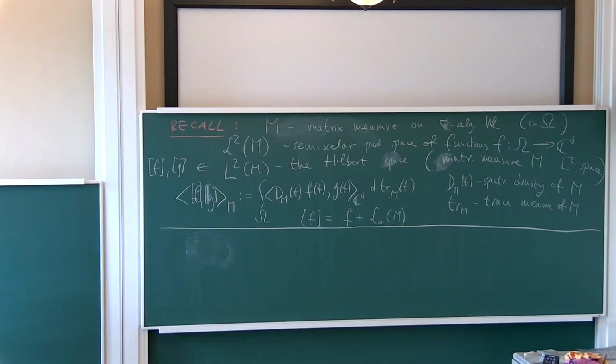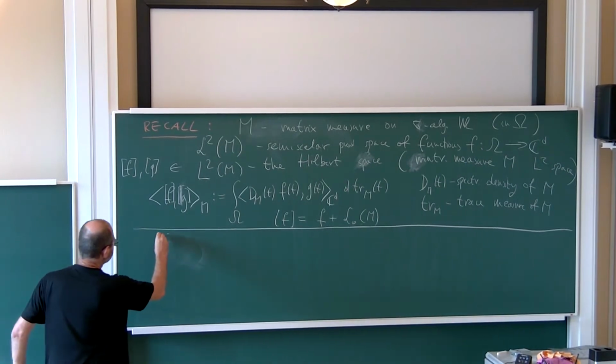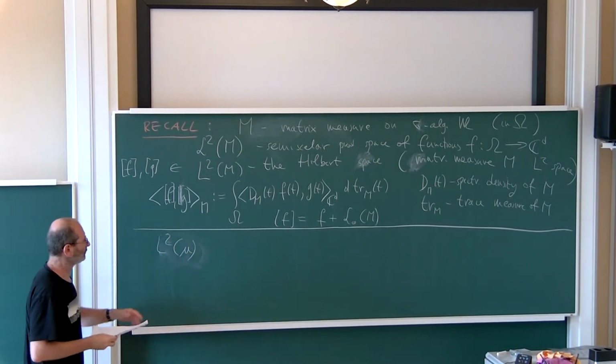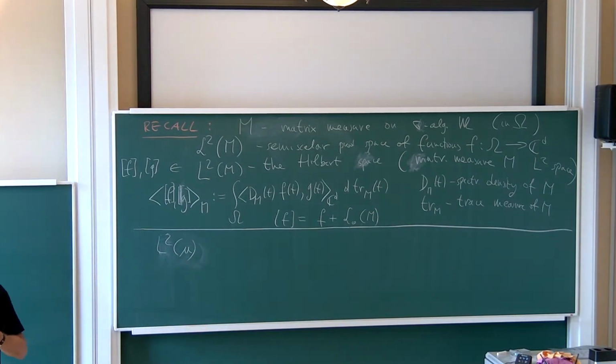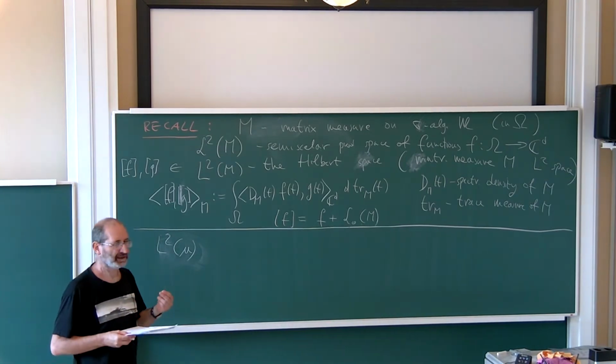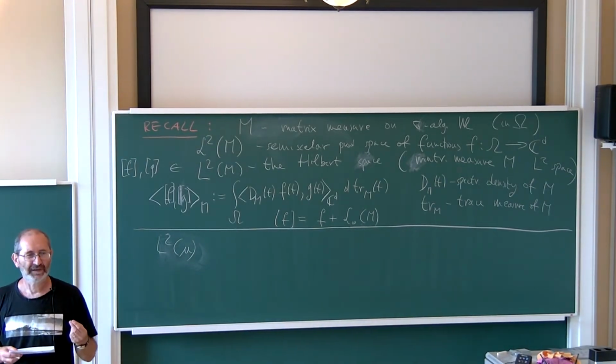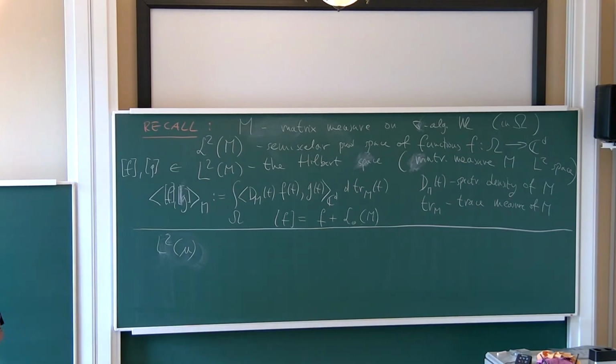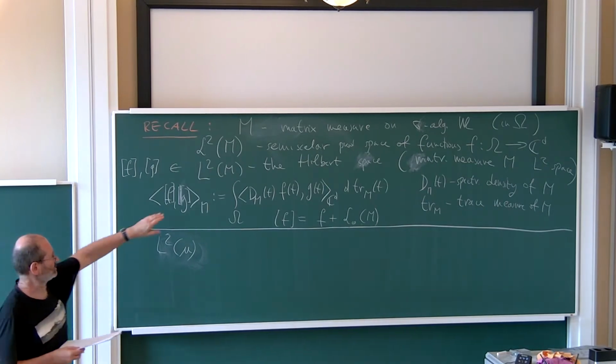In our simple case, we just proved that the cyclic self-adjoint operator is unitary equivalent to an operator in L2 for the measure, the operator which was the multiplication by the function x, the identity function. And we would like also to consider such operators of multiplication by functions in subspaces.